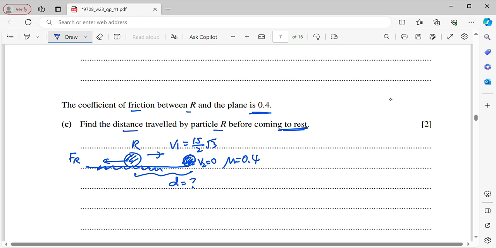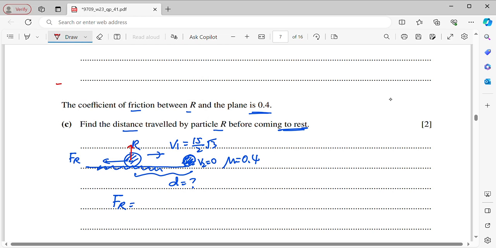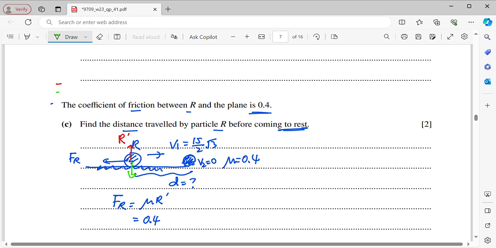Okay, so now I need to find out what my FR is first. My FR is mu times R. So what is my R here? Now, see, this is the R prime. So I will write it as mu R prime, so it will be 0.4. My R prime is due to the mass, so this is 6 plus 2 kg, therefore 8, so here I will write 6 plus 2 times g.